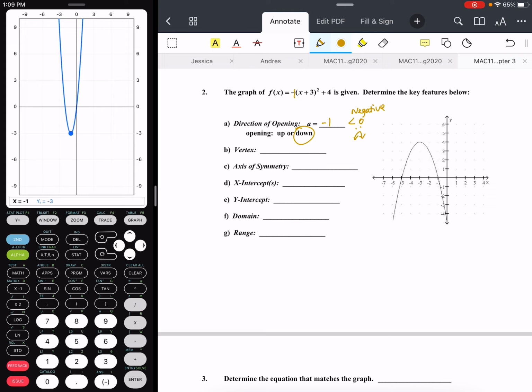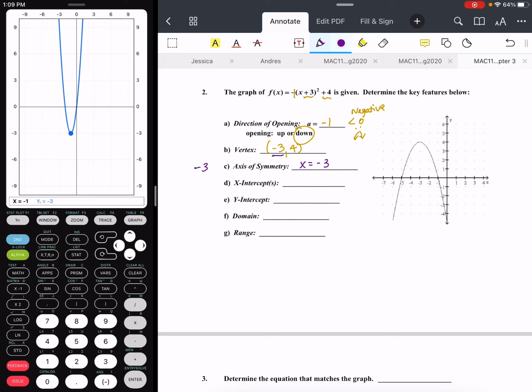My vertex, I have x plus 3 squared in parentheses here, so that's going to be a -3, opposite sign for x, plus 4. Keep the sign as +4 for y. My axis of symmetry, take the x value from your vertex, x equals -3. And again, remember, an axis of symmetry cannot just be a constant.